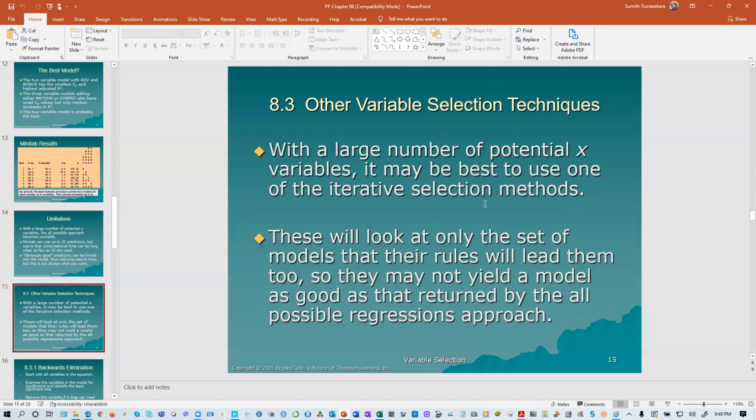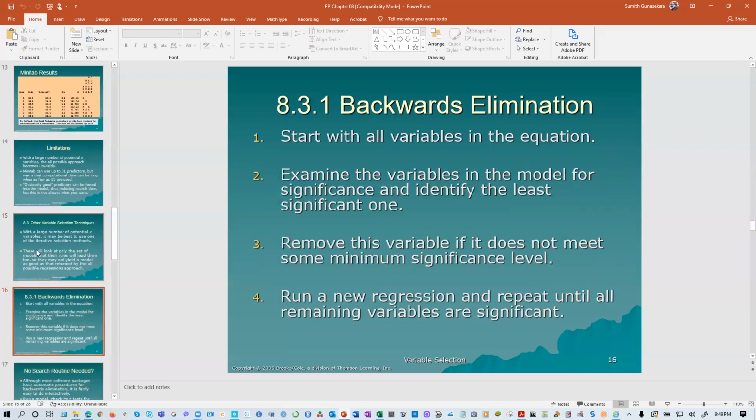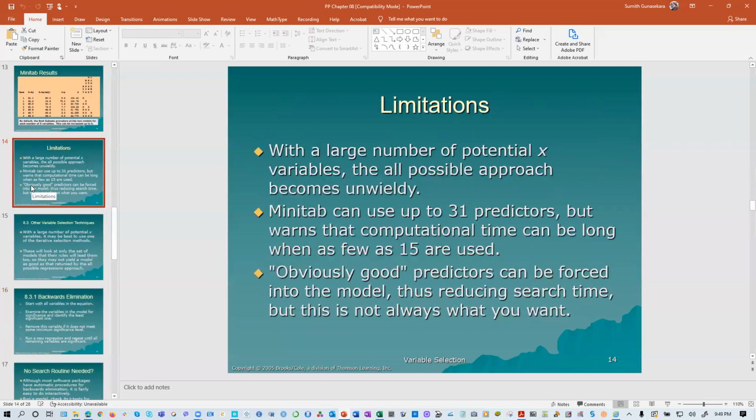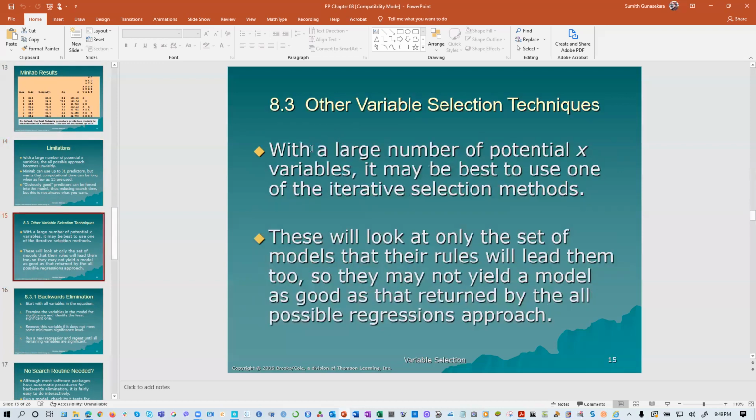With a large number of potential x variables, it may be best to use one of the iterative selection methods, one at a time.